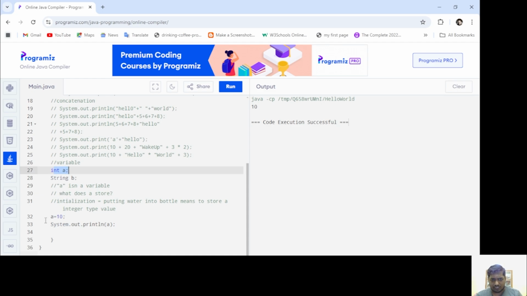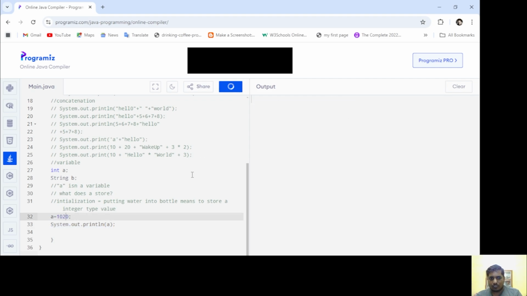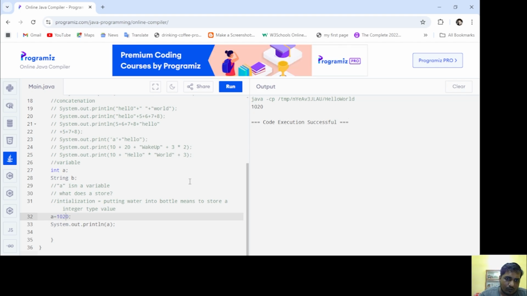Here I stored 10, and to print it I give the print statement with a in the brackets. Whatever we store in a is directly printed. If I give a the value 1020, it will print only 1020. So this is the initialization of a.